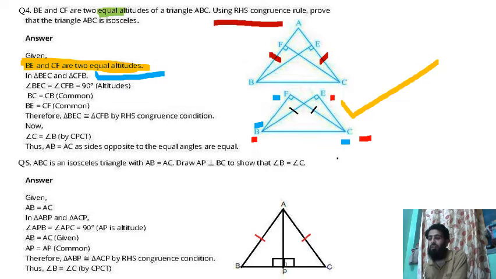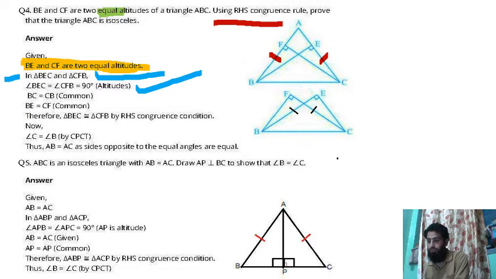In triangles BEC and CFB, in these two triangles, what is there? First thing, angle BEC equals angle CFB, both 90 degrees, altitudes. We know that these angles, let me draw this angle over here, angle F, and this angle over here, angle E, both are 90 degrees.